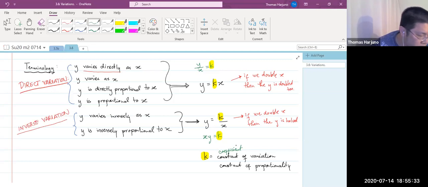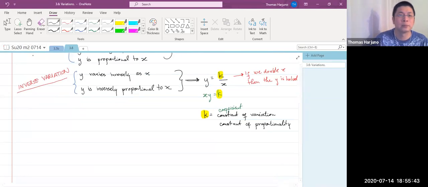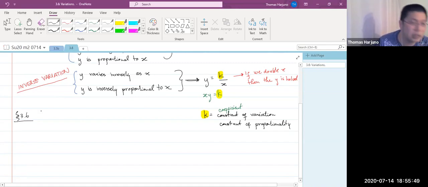Now let's do some problems. I will pick questions from our book, the easy ones first, from section 3.6. Let's do number 6 right away.